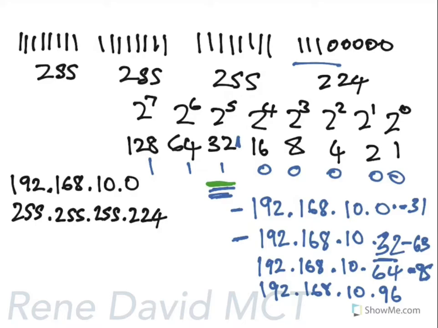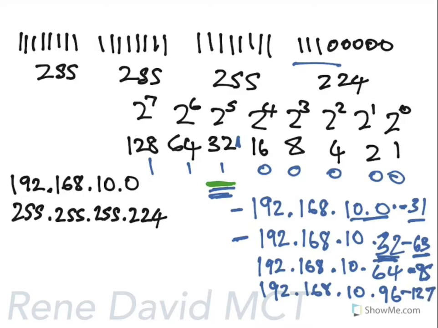So our first subnet would be 192.168.10.0 to 192.168.10.31. Second subnet, 192.168.10.32 to 192.168.10.63. Third one, 64 to 95. Next one, 96 to 127.